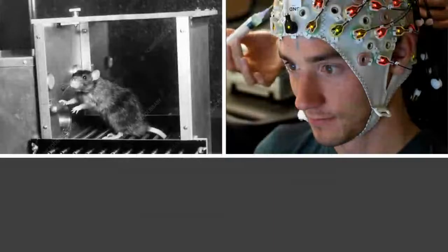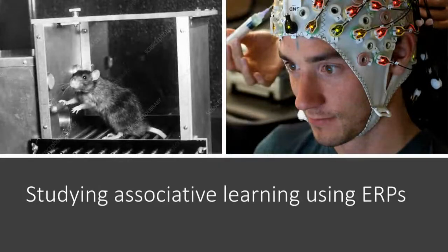Anyway, as Ruth has said before, my background is about associative learning. So it's about conditioning. You can see this rat in this Skinner box. We also work with humans now. We are very modern doing that.